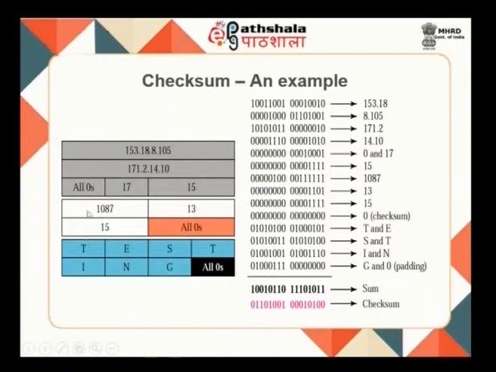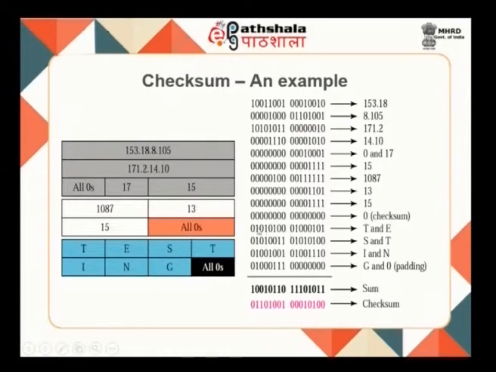So, if you look at this whole packet that you have now, that is including the pseudo header, we basically organize this into 16-bit words. So, you can see this. Your 153.18 is one 16-bit part, followed by 8.105, followed by 171.2, followed by 14.10, then your 0 and 17, and then you have this 15, 0 and 15, then you have this 1087, which is again another 16-bit number, 13 another 16-bit number, 15 another 16-bit number, and then the all zeros.